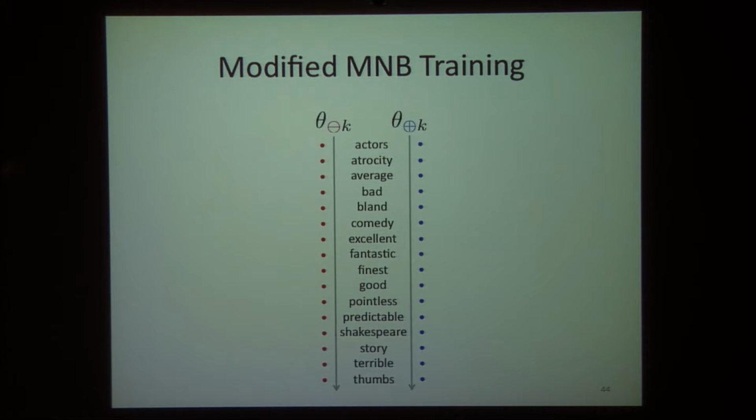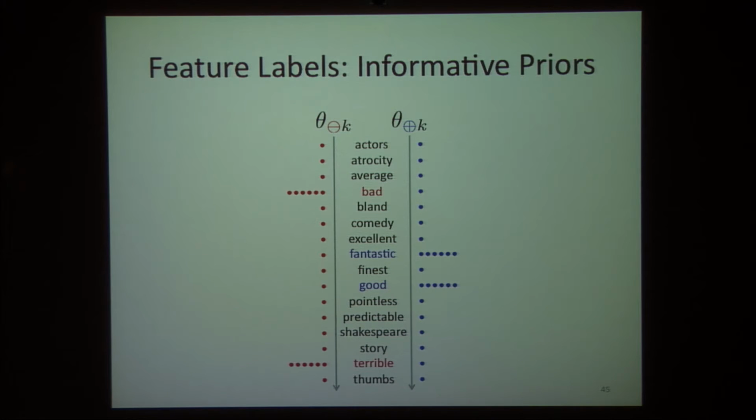But if we have labeled features, we can do something more sophisticated by adding an informative prior. In this case, it's a non-symmetric Dirichlet prior. We're boosting the probability of having seen the word bad in a negative document if the word bad is labeled negative, and correspondingly for fantastic and positive documents, just by artificially boosting these pseudo counts.